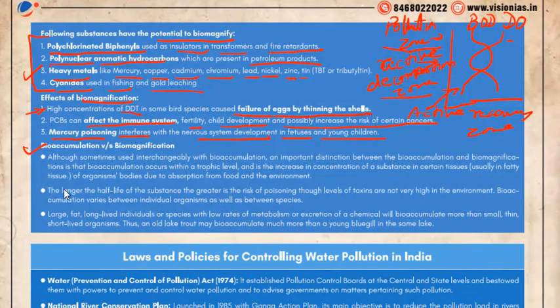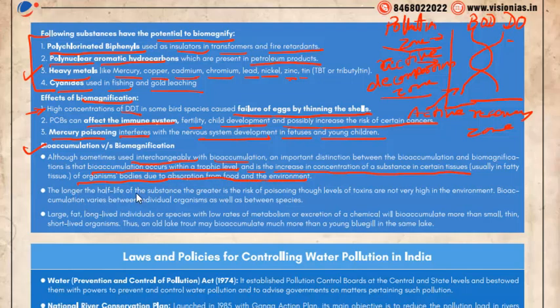Coming to the next, bioaccumulation versus biomagnification. We have already discussed them, and sometimes we use the terms interchangeably. An important distinction is that bioaccumulation occurs within a trophic level and is the increase in the concentration of a substance in certain tissues of an organism's body due to absorption from food and the environment.